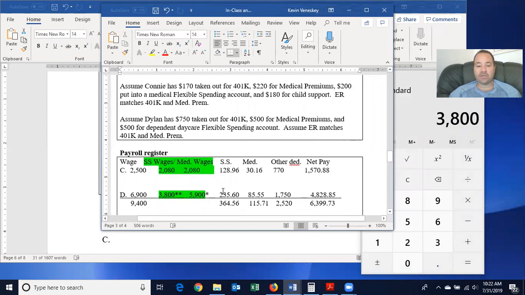So 3,800 times the 6.2%, 5,900 times the 1.45%, all of the deductions added up, then take our gross wage minus these three amounts to get our net pay.